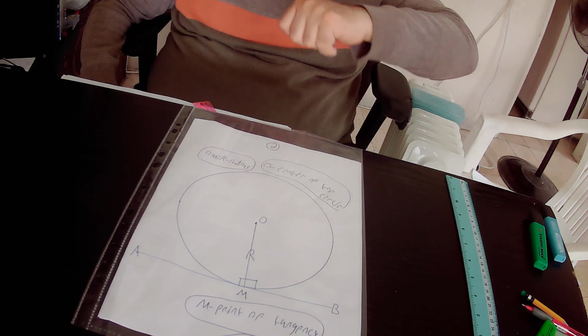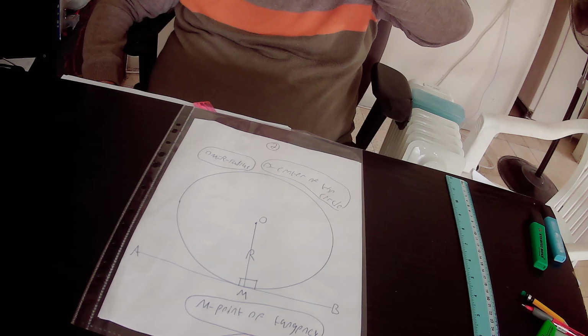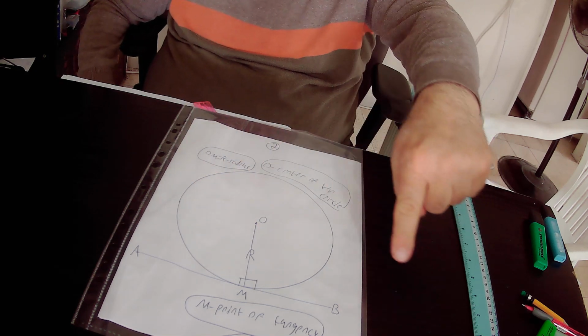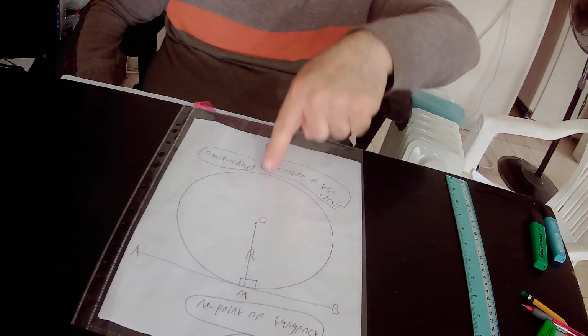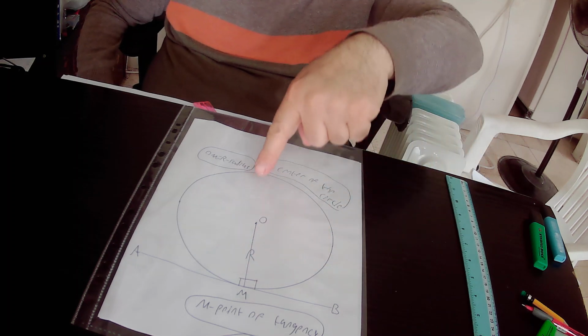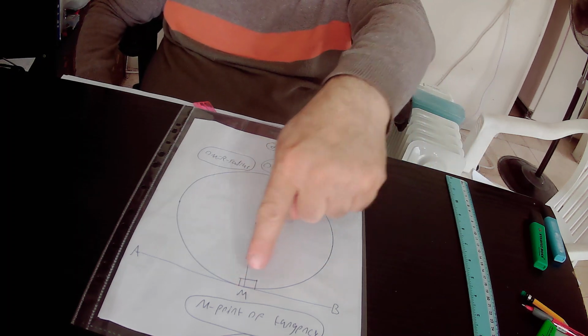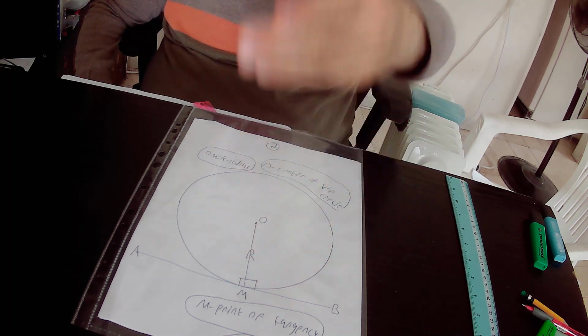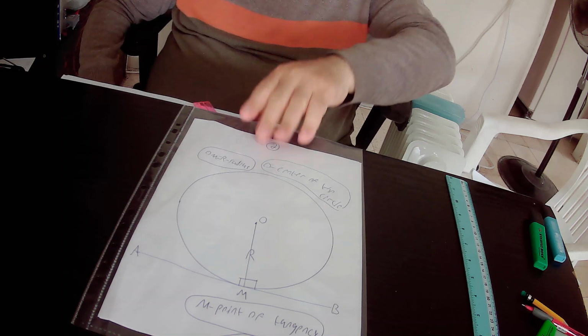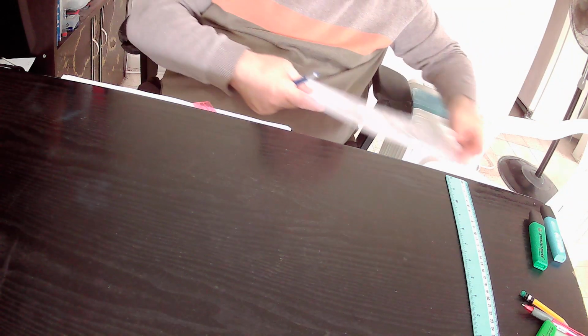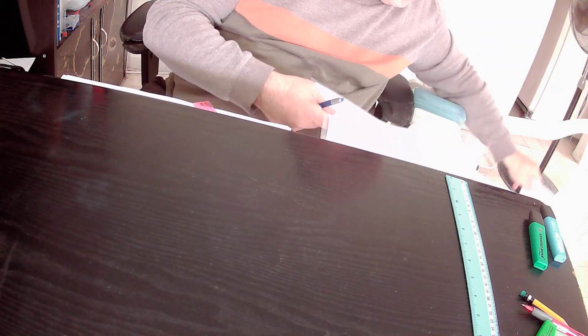Whenever you have a radius drawn to the point of tangency, then tangent AB will be perpendicular to the radius MO. If AB is perpendicular to MO, it means that this angle equals 90 degrees and this angle also equals 90 degrees according to this rule 1. We can actually implement rule 1 in our drawing.